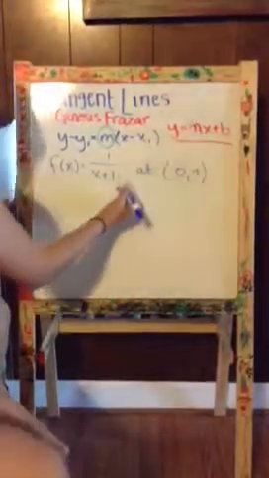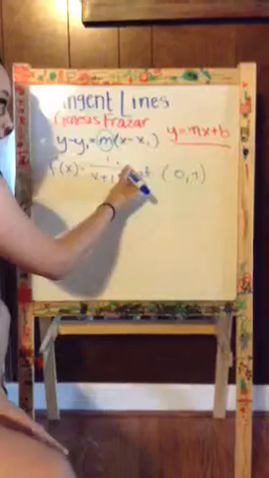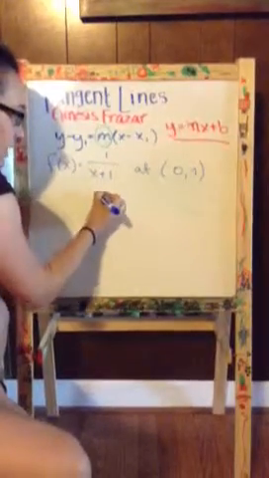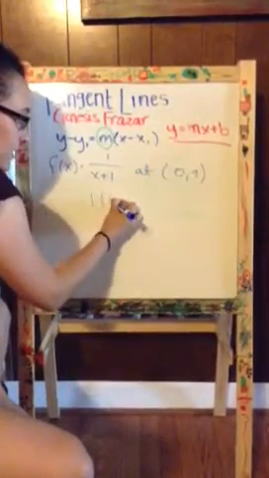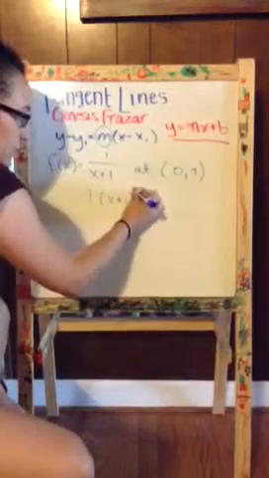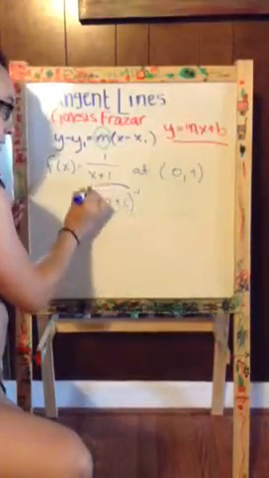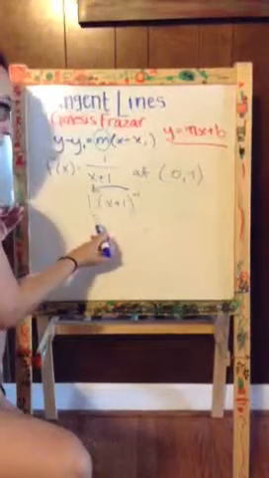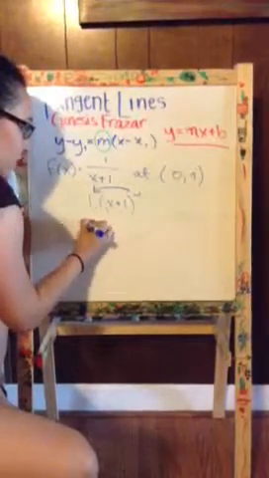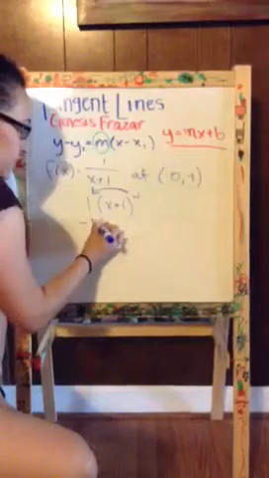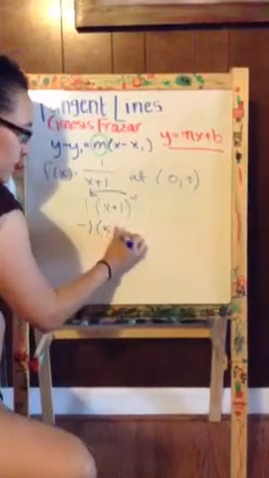And what you will do here is you will bring x plus 1 up here. So you will have x plus 1 to the negative 1. And then you multiply a negative 1 to the front number, which is 1 as well. And you will have negative 1 times x plus 1.